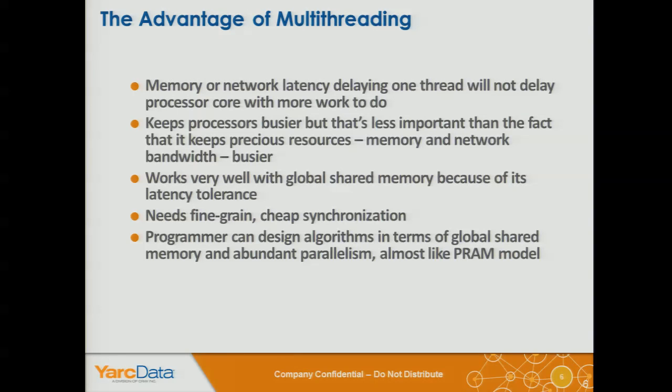But with that much parallelism, you really need cheap synchronization. That's one of the problems with OpenMP on a small number of processors, is the synchronization is relatively heavyweight. And so when you're talking about thousands of processors instead of just 4 or 8, cheaper synchronization is necessary. So you can certainly think of it in terms of just global shared memory and abundant parallelism.